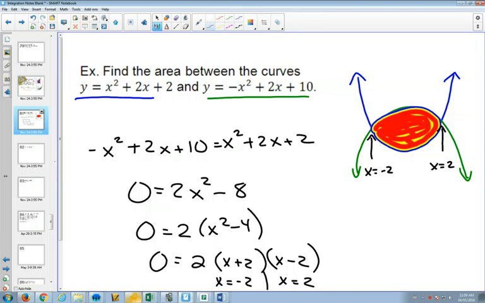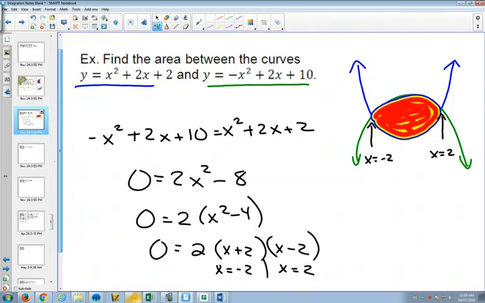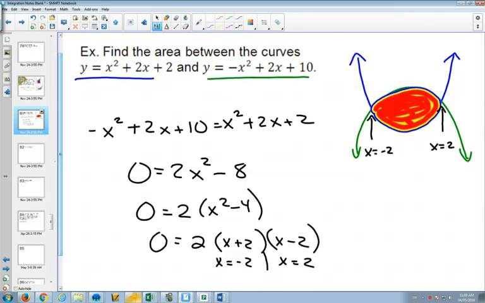So if we want to find the area, we're going to have to take the area of the green one. I'm going to call the green one g of x and the blue one f of x, just temporarily, to write out what we need to do.